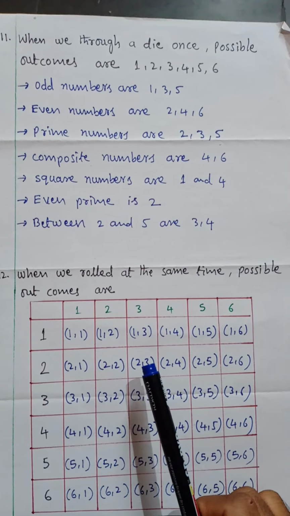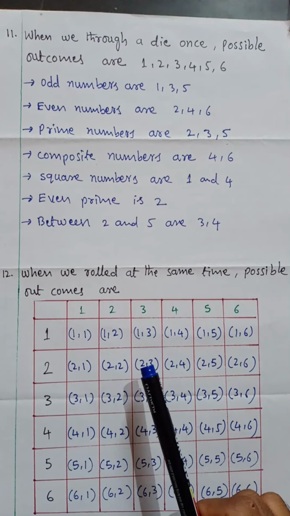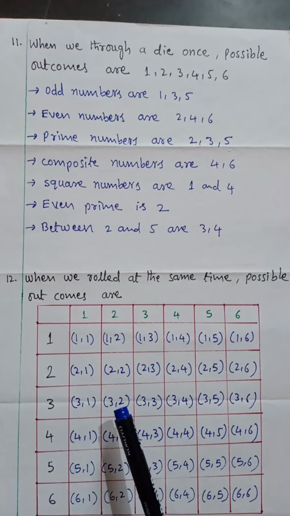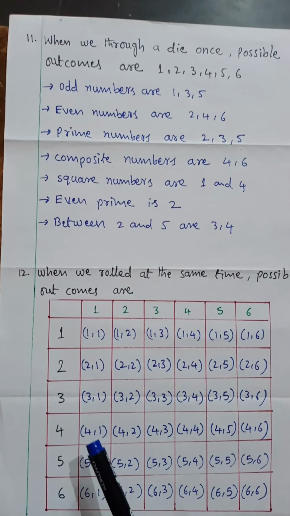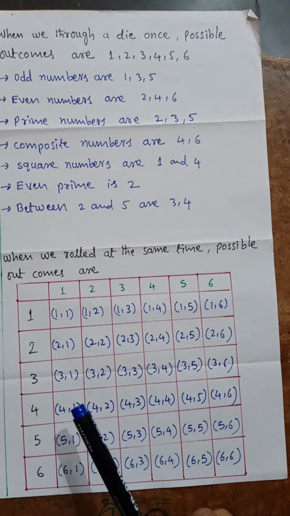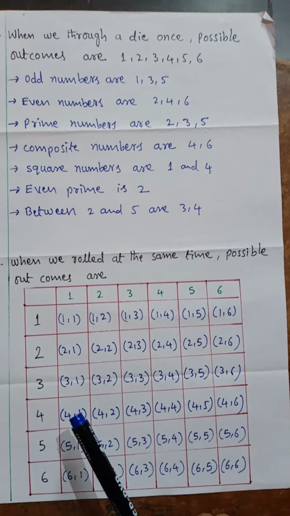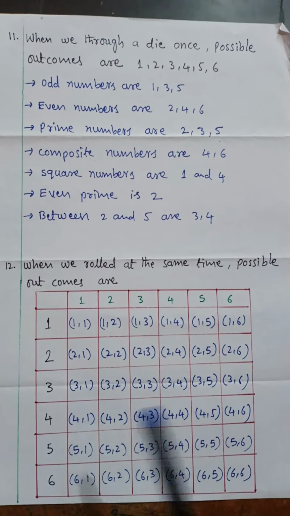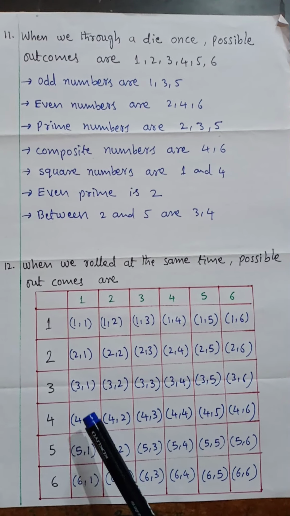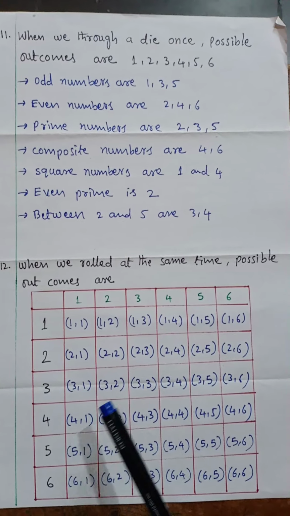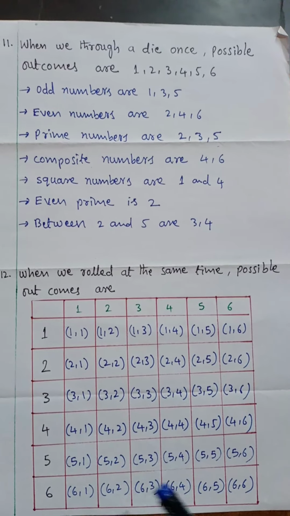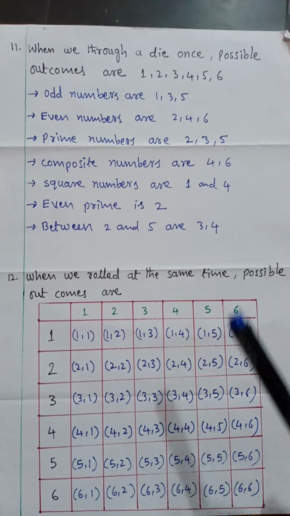Here 2 comma 3 also gives 5, we have to take this one also. And next, see here 3 comma 2 will come, and here 4 comma 1 will come. 4 plus 1 is 5. So we have to get the sum 5, and there are 4 such outcomes. So favorable outcomes are 4. Total number of outcomes, how many are there? 36 are there. So 4 by 36.